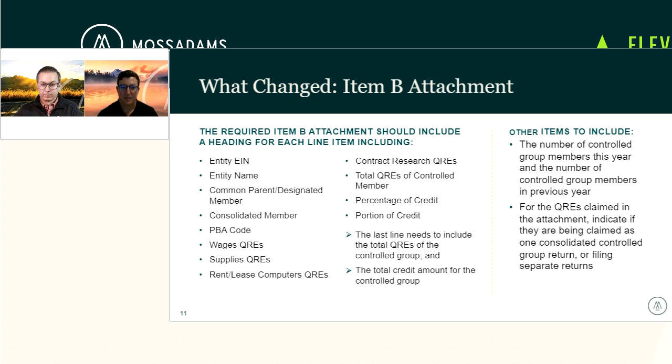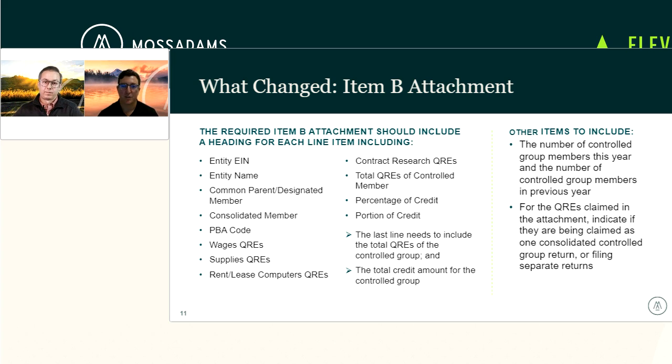That statement is going to include several different items, and you're going to be required to list this for each member, including items like the entity EIN, the entity name, the principal business activity code. You're going to have to indicate who the designated member of the group is, basically who's leading the charge of the elections, and if you're part of a consolidated group.